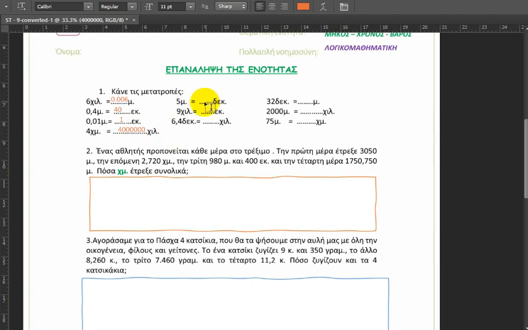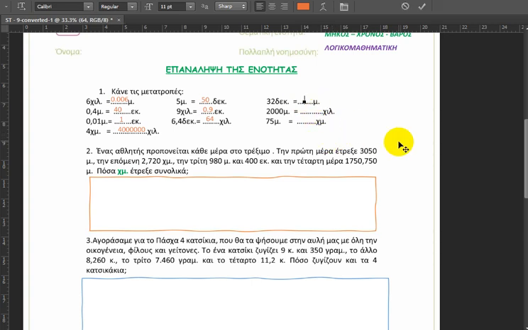Next, we have 5 meters into decimeters. So multiply by 10 gives me 50. Millimeters into centimeters, divide by 10, so 0.9. 6.4 decimeters into millimeters times 10, so 64.